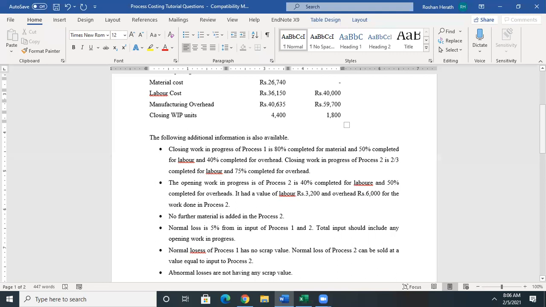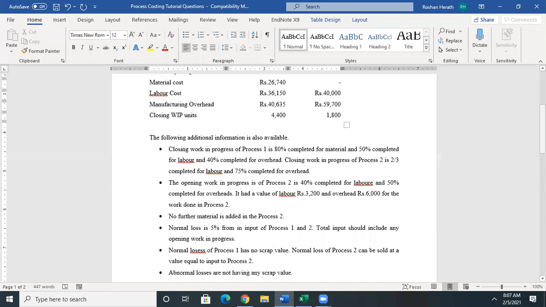The opening work in progress of process 2 is 40% completed for labor and 50% completed for overhead. So it had a value of labor rupees 3.2 million, overhead 6 million for the work done in process 2. No further material is added in process 2.